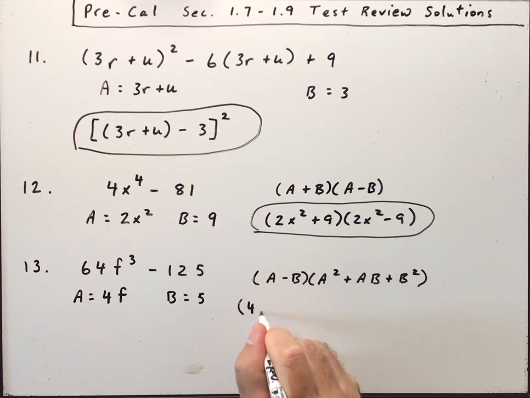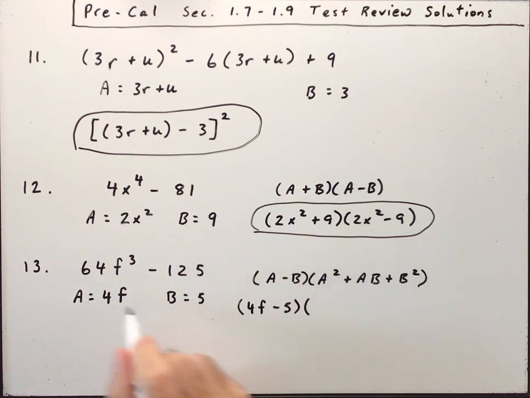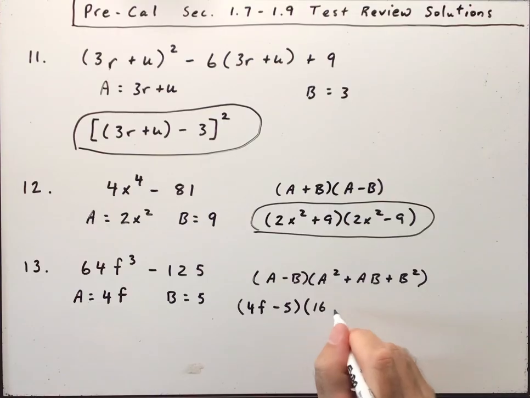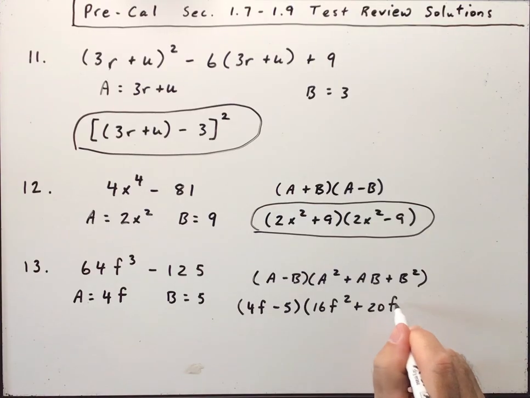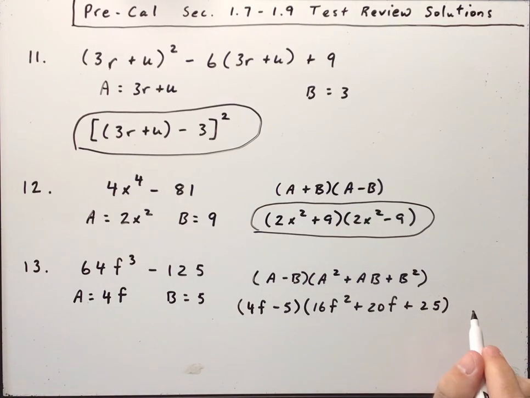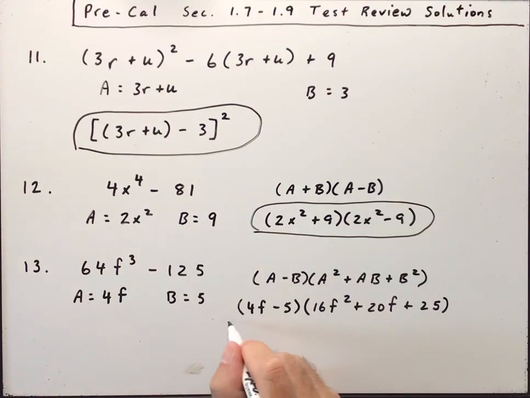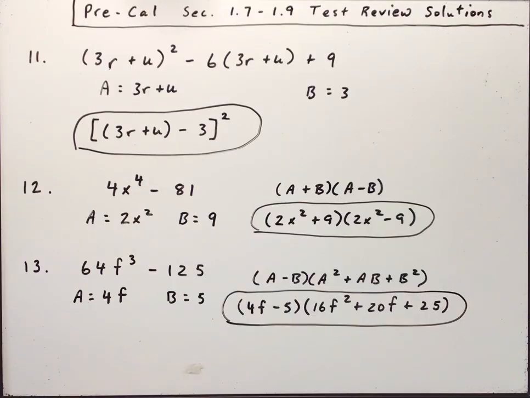So we'd have 4f minus 5 times a squared, that's 16f squared, plus 5 times 4 is 20f, plus b squared would be 25. All right, so just be careful and make sure you get all these terms correct. Make sure you get the signs correct. But these problems to me are just really cool. If you recognize the pattern, it's just so fast.